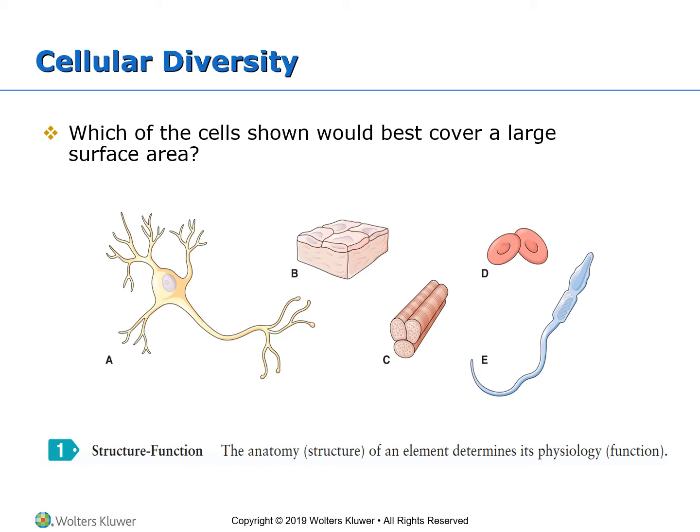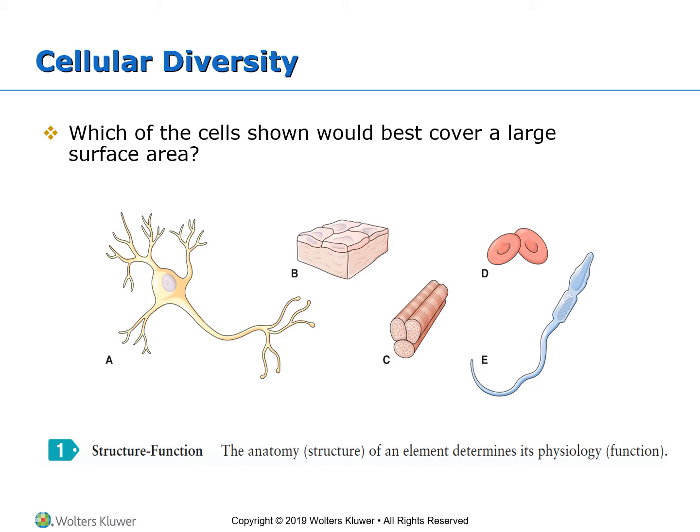These are a few examples of different types of cells, and you can identify them. A is a neuron that has a long extension, able to pick up and transmit electric impulses. B is epithelial cells that are flat and tied together in a tissue, and their main function is to protect the underlying tissue.